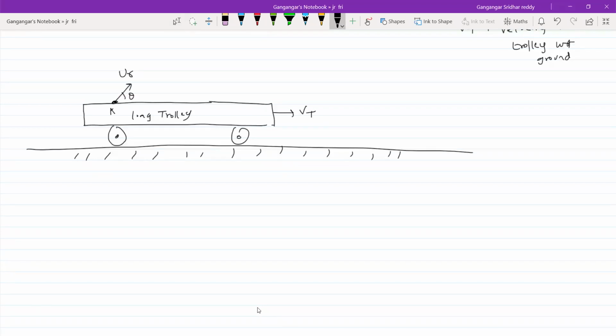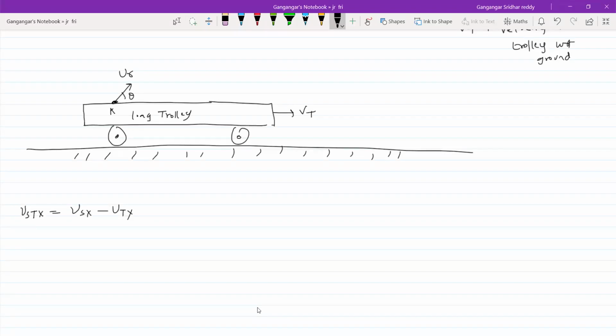So the velocity of the projectile, or you can call this the stone, the velocity of the stone with respect to the trolley along the x-axis should be equal to the velocity of the stone with respect to the ground along the x-axis minus the velocity of the trolley with respect to the ground along the x-axis. Do I agree with this formula? VAB is VA minus VB.